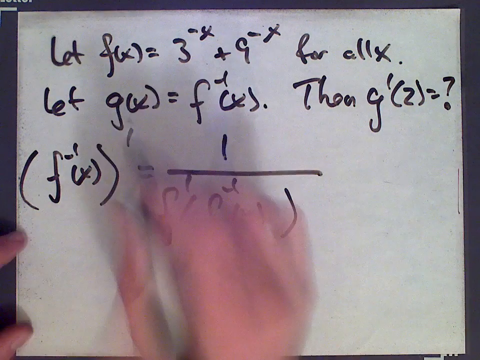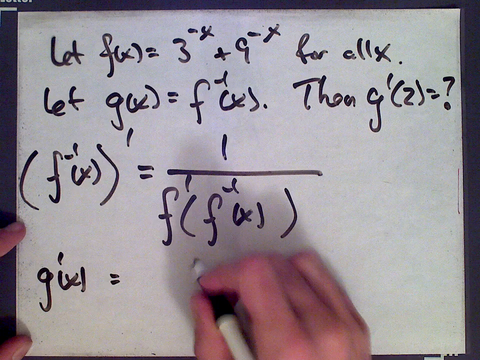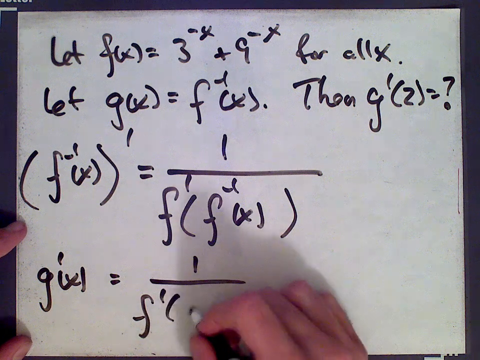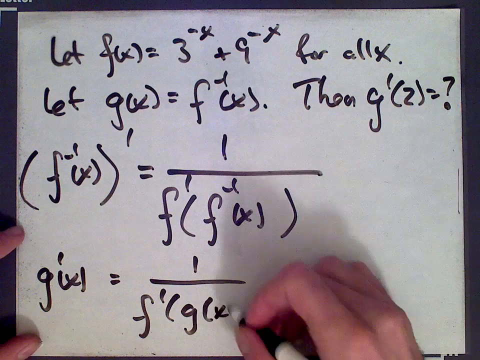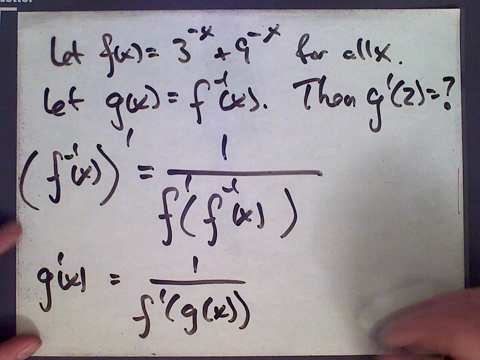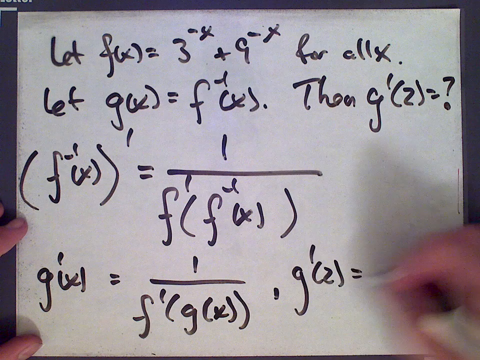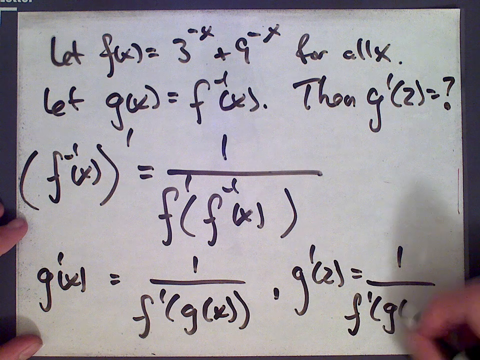Translating, they call the inverse g of x. So g prime is 1 over f prime at g of x. And so when we plug in 2, we get g prime of 2 equals 1 over f prime at g of 2.